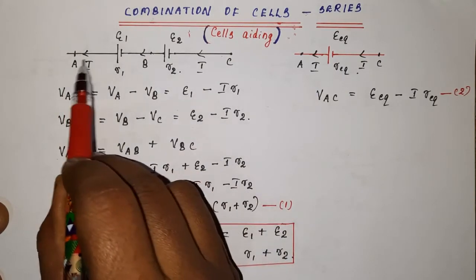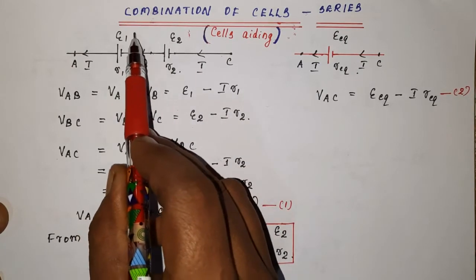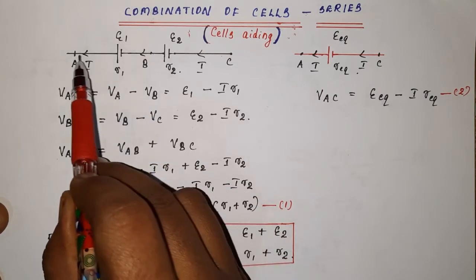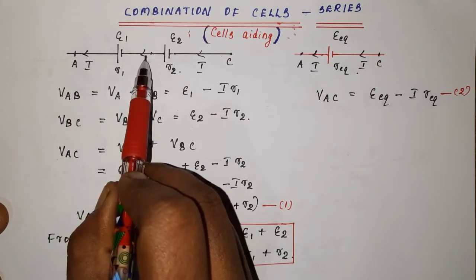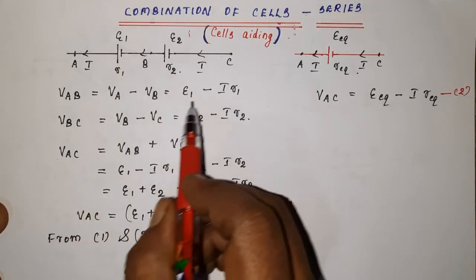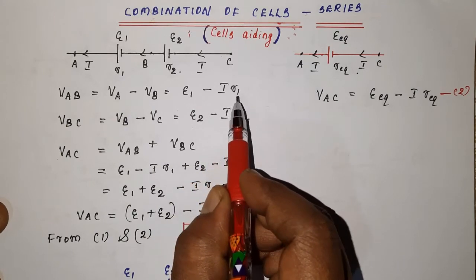Now let's see what VAB is. VAB is the same as VA minus VB. It is the potential difference between the terminals of the first cell, the same as the terminal potential difference of the first cell. That is epsilon 1 minus IR1.